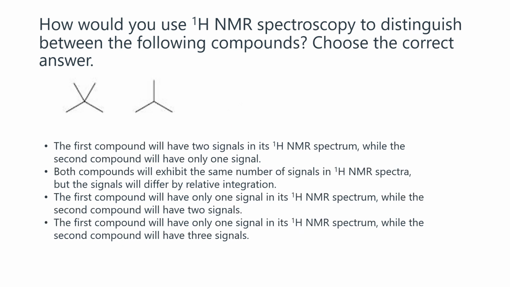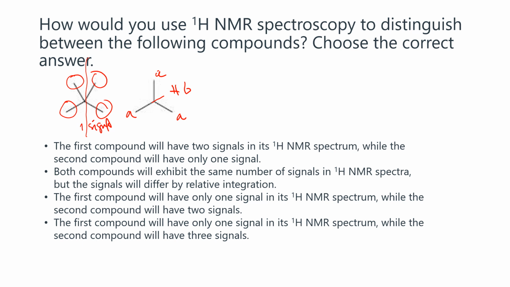Okay, moving on. Here, that is easier. All of the H's here are identical, right? And that is one signal. Here you have an H here. So here you will have A and B. So two signals. And you can also recognize the plane of symmetry or rotation.